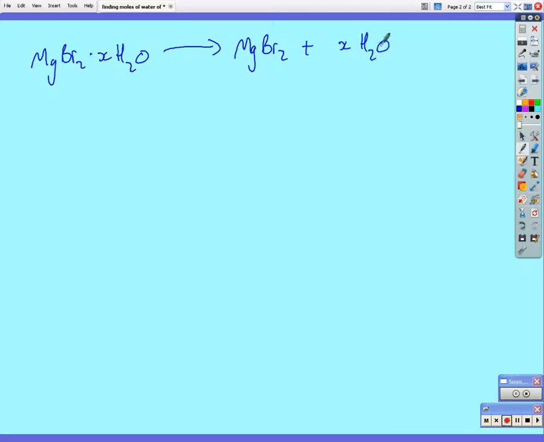And again, the information in the question, we're given 7.30 grams of the hydrated salt, and it gives us 4.60 grams of the anhydrous salt. Well, the trick here is to remember that the equation is the stoichiometric equation. It gives the ratio of the reactants and products. 1 mole of magnesium bromide .XH2O gives us 1 mole of magnesium bromide.